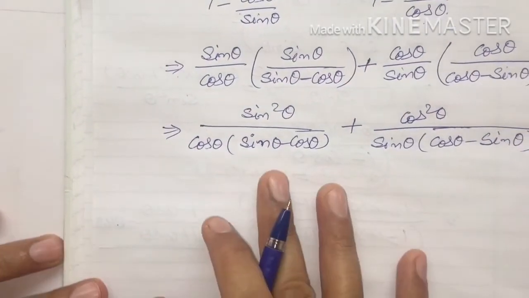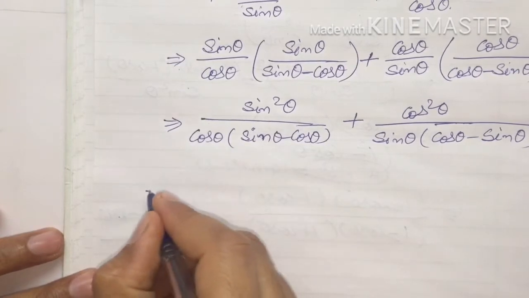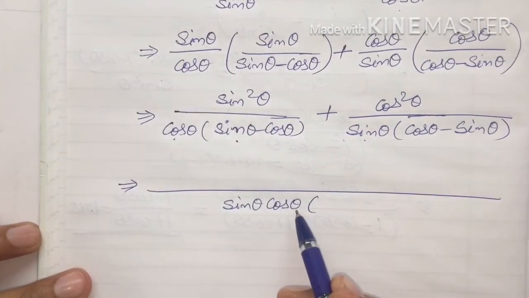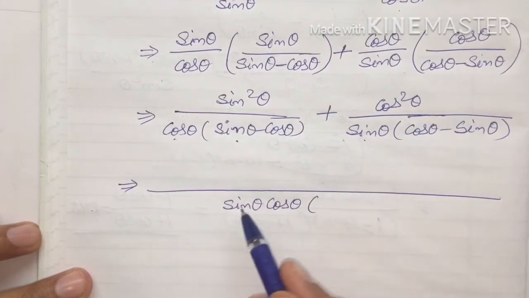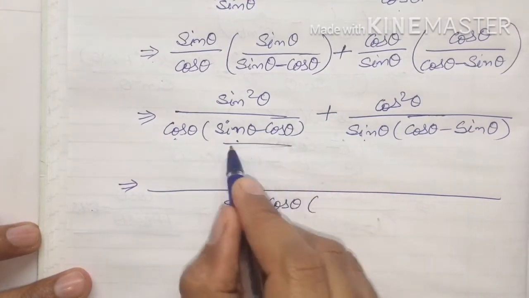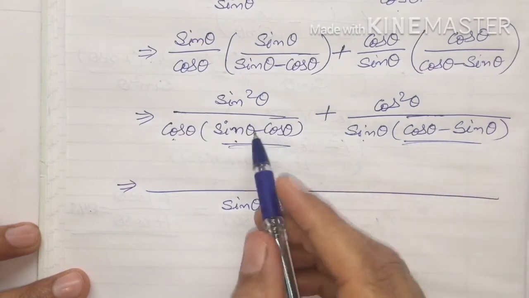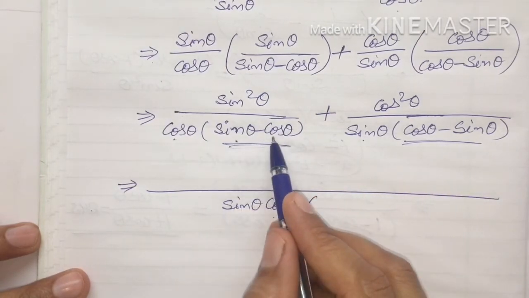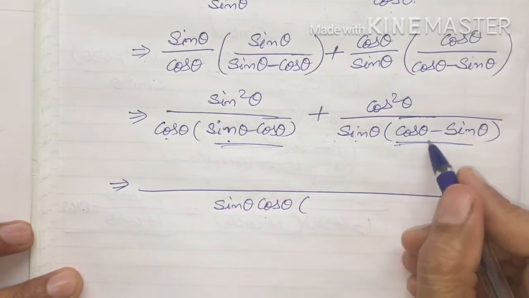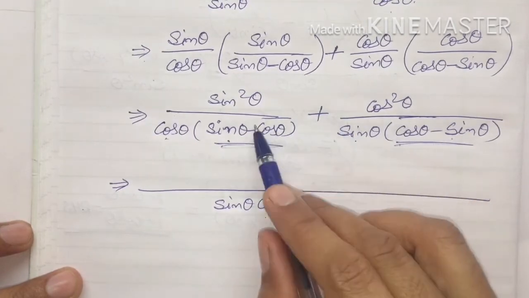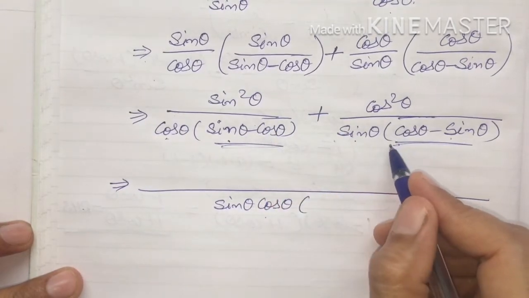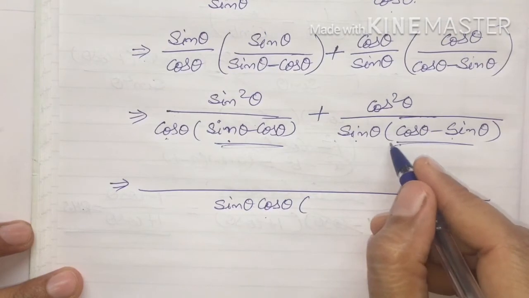Now we will take LCM of both these two terms. So when we will take LCM, cos and sine theta will multiply, and the inside part of this bracket we have to change in the same, like sine theta minus cos theta. If I will change cos theta minus sine theta, same like this, I have to take minus, means minus common from this bracket.